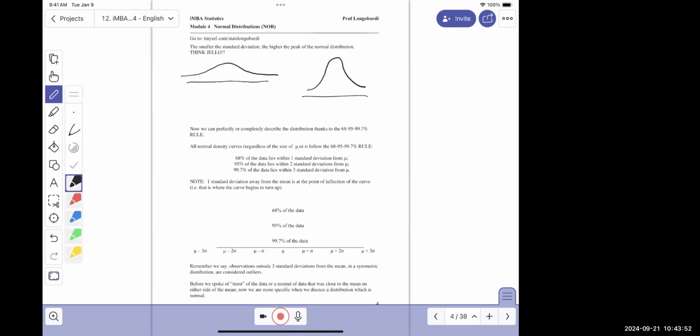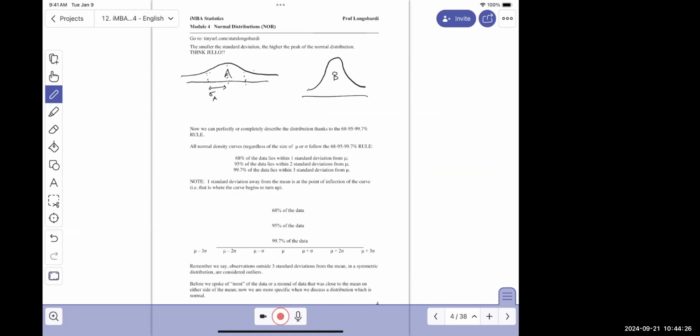But this is showing you, because I need to have 68% within 1 standard deviation, call this A and call this B. So a flatter distribution has a larger standard deviation.